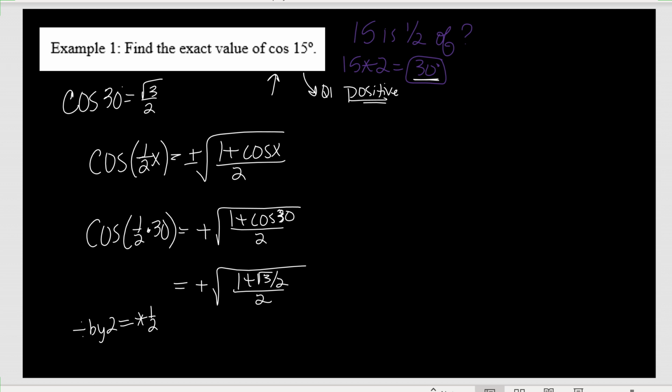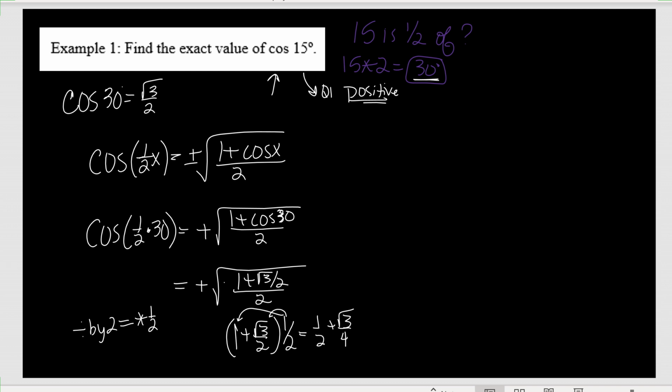So all the stuff underneath the radical, the 1 plus the square root of 3 over 2, is all really being multiplied by 1/2. So 1 times 1/2 is 1/2, and 1/2 times root 3 over 2 is square root of 3 over 4. However you choose to simplify, whatever makes sense for you.